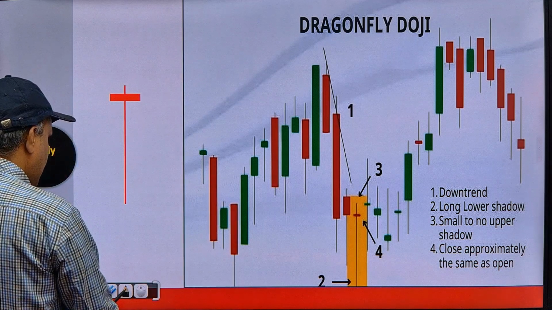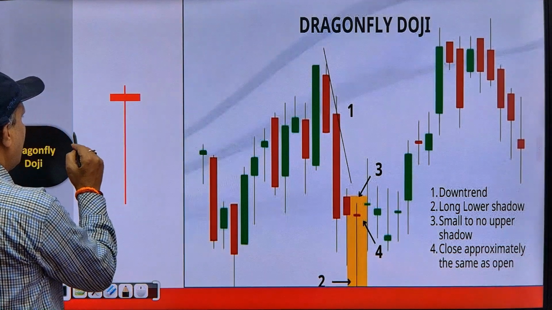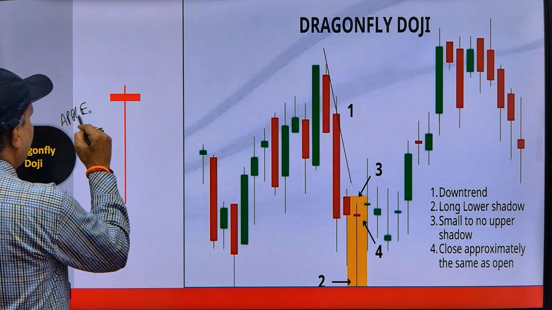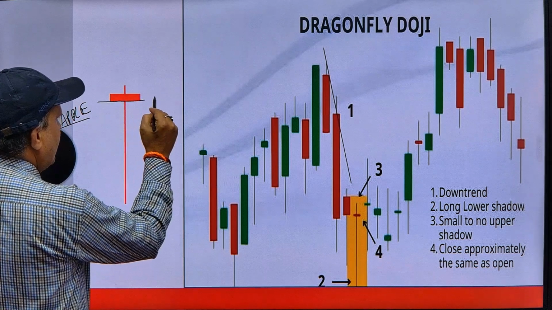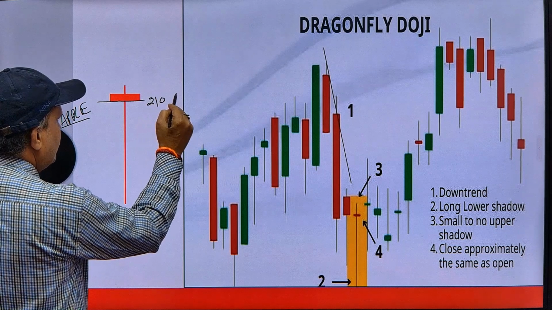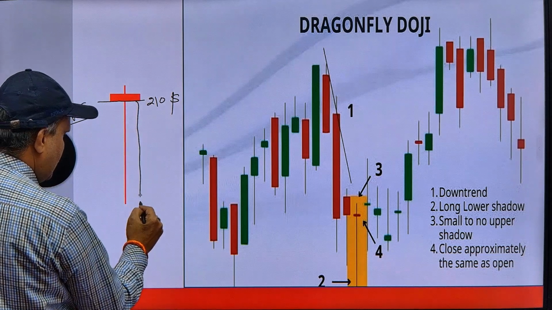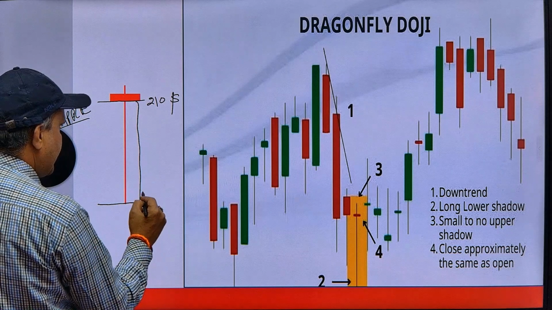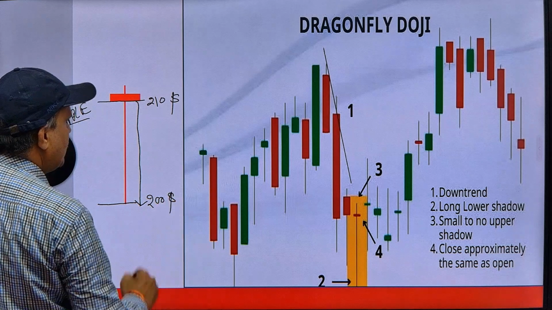The logic of the creation of this candlestick pattern is, for example, there is a stock and the name of the stock is Apple. The price of Apple starts around $210, and after that sellers sell the stock and take the price down to around $200.